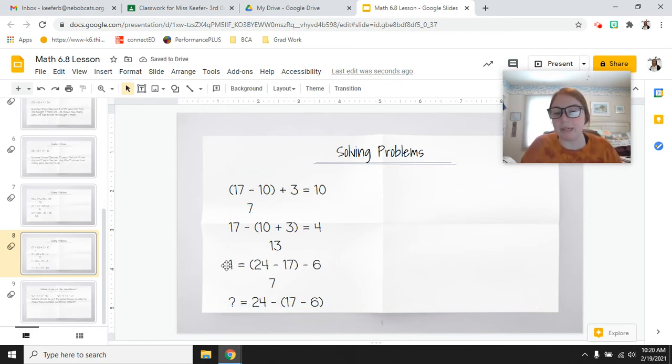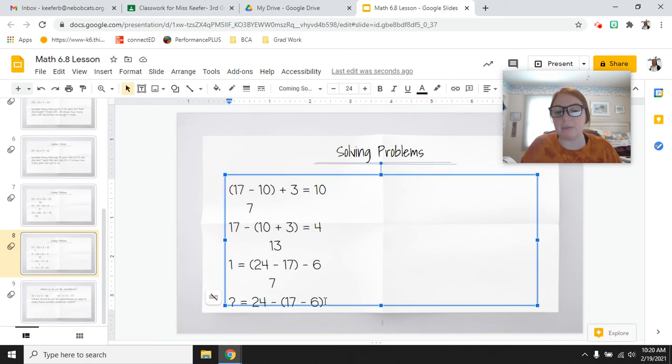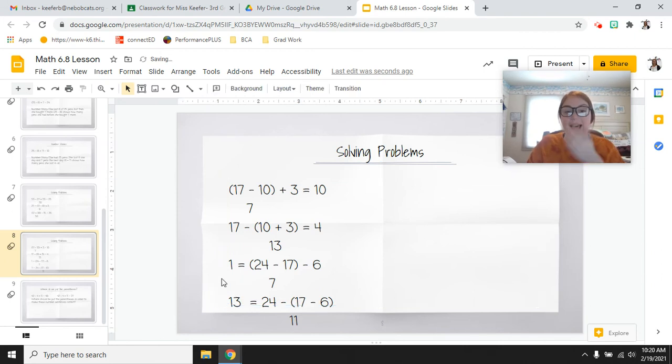But we would put our answer over here. And then for this last one, we would need to start with 17 minus 6. So 17 minus 6 would equal 11. And then we would need to do 24 minus 11. That would equal 13. Now look how big of a difference that is. So we went from 1 to 13 because of where the parentheses were placed.